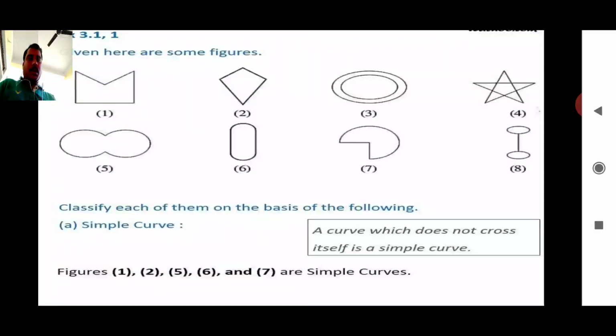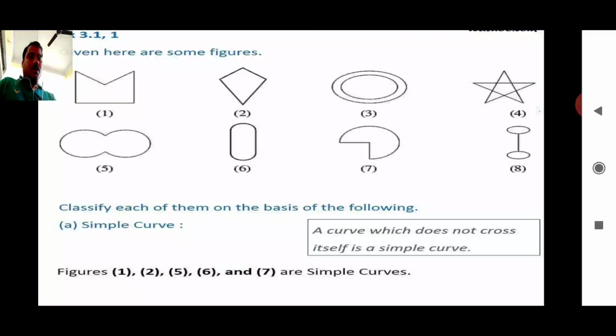So, here is the first question of exercise 3.1. Given here are some figures. You can see here 8 figures are given, and we classify each of them on the basis of the following. Part A, on the basis of simple curve.